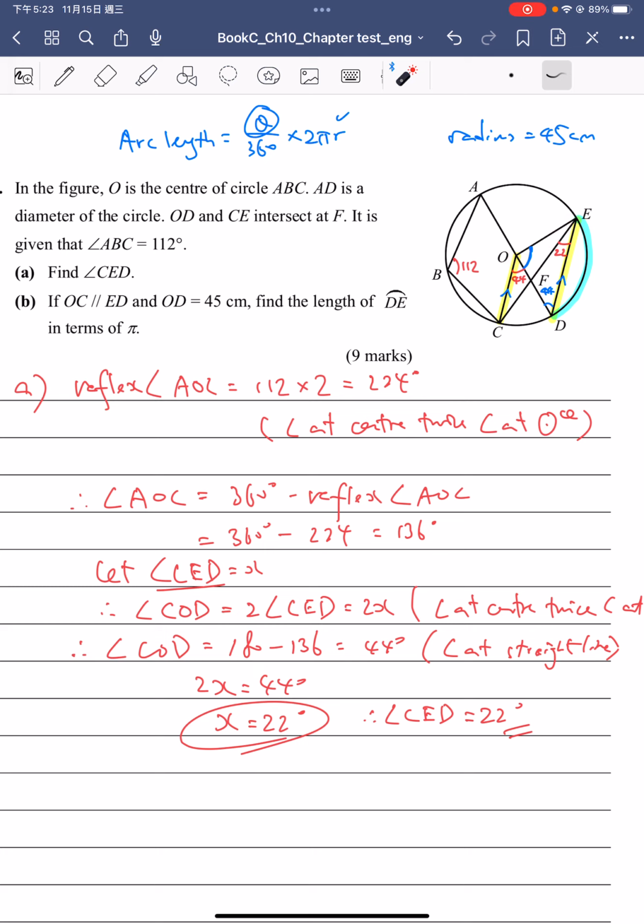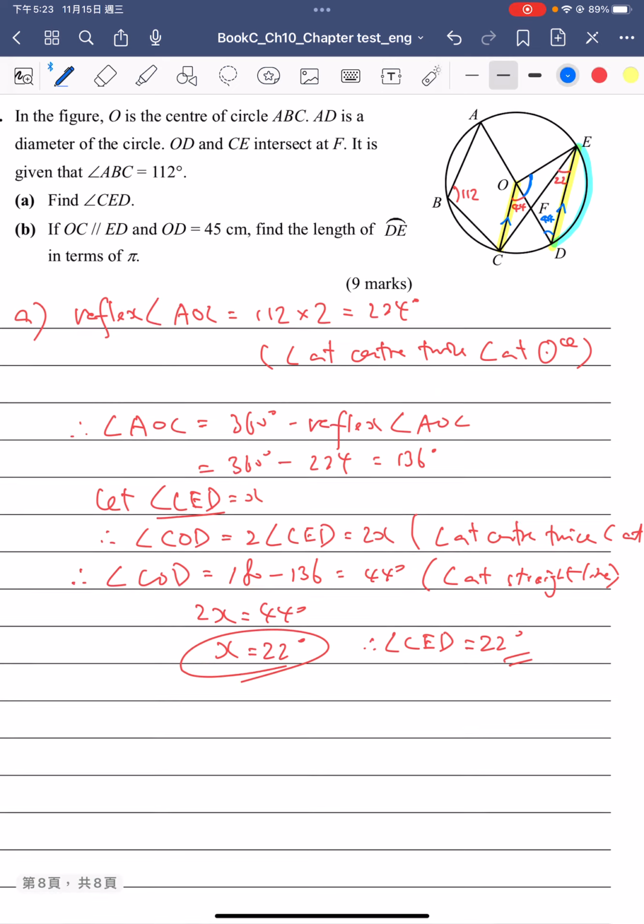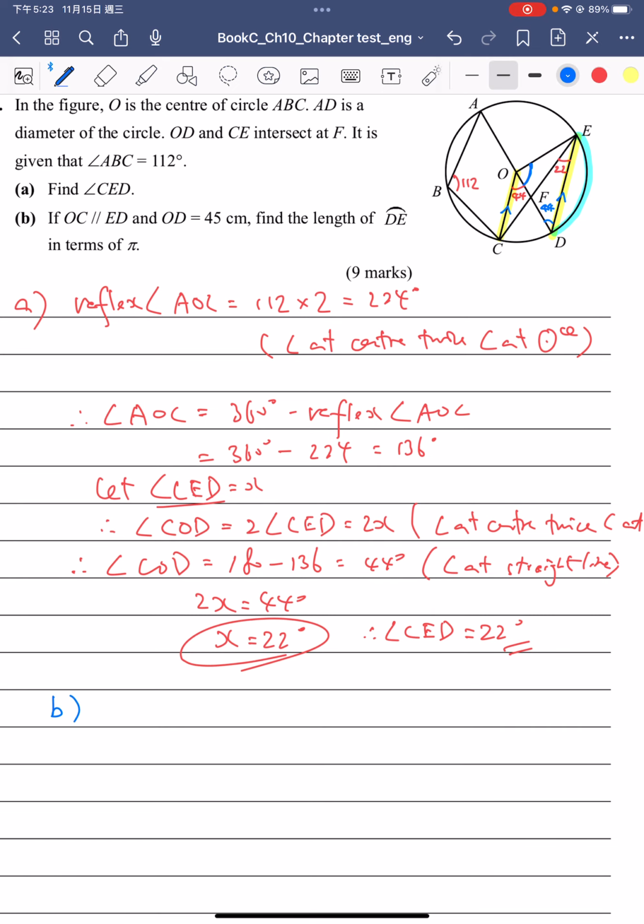But try to think about it. OE and OD are the radii, so these two angles are the same. So for question B, what we want is the angle EOD. How do we get this 44?